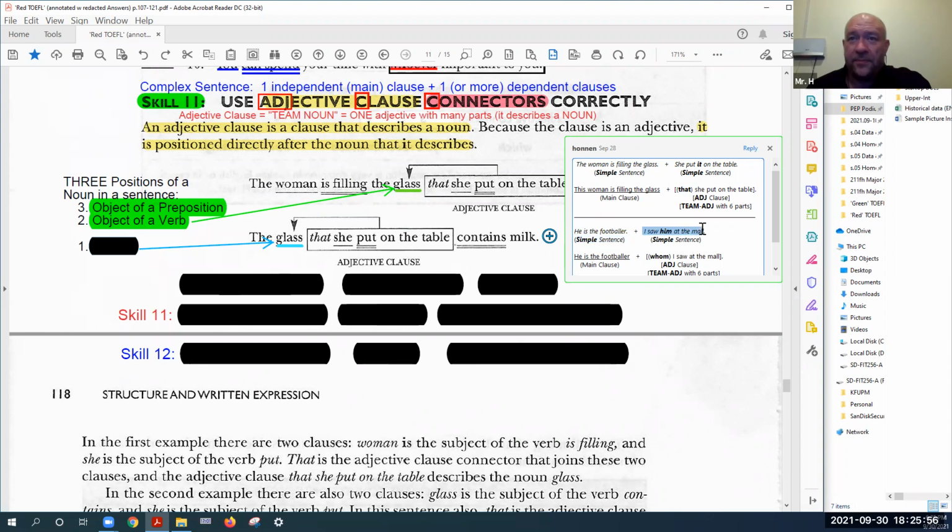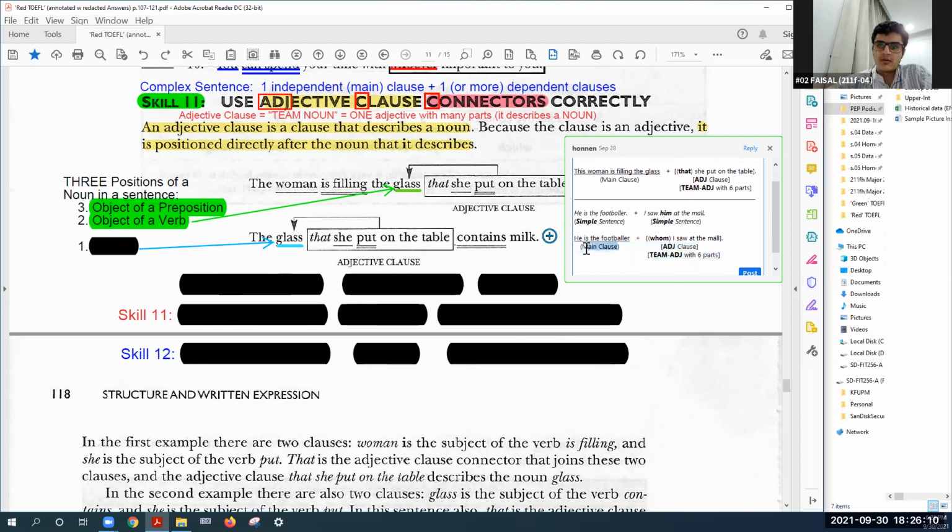And then I saw him at the mall. Simple sentence. Good. We're going to join them. He is the footballer. What is this? Main clause. Very good. And here? Whom I saw at the mall.